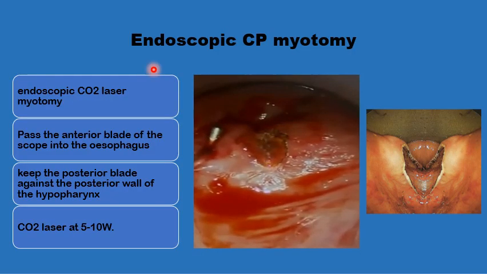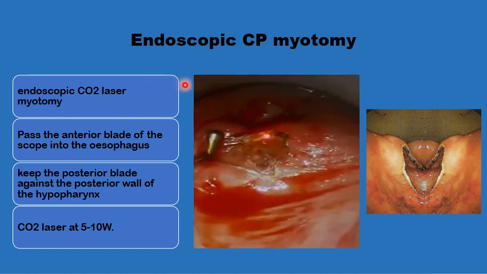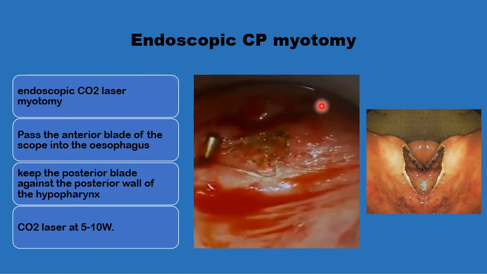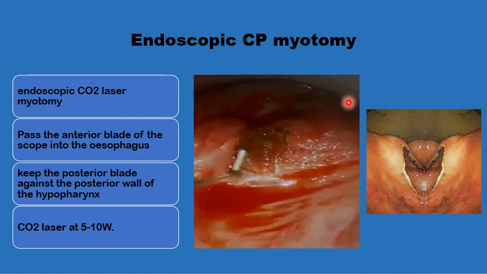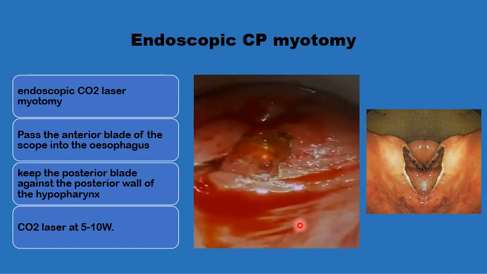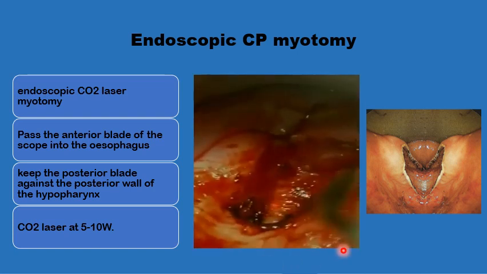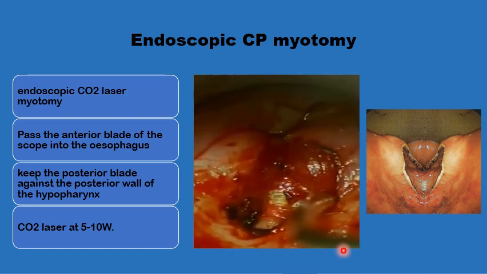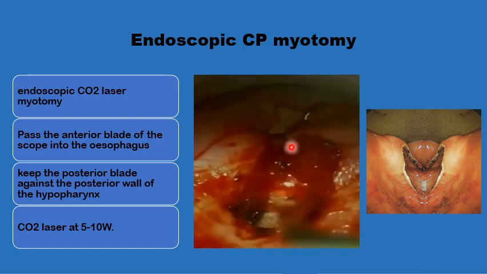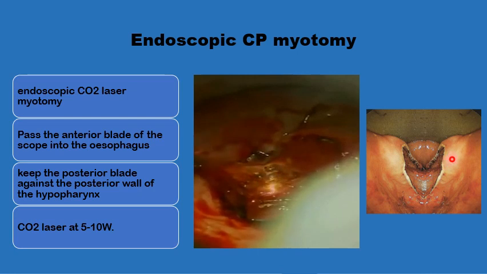The endoscopic myotomy starts with the placing of the Weerda scope. For example, the anterior blade would stretch the inlet of the esophagus. The posterior blade will rest on the hypopharyngeal posterior wall, and then carbon dioxide laser would be used to divide the muscle itself together with its covering mucosa down to the buccopharyngeal fascia.